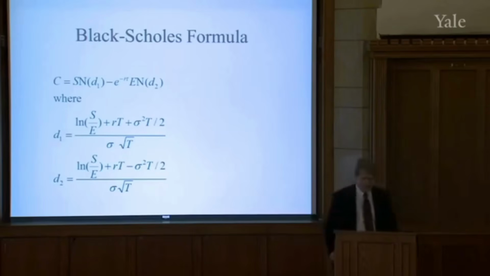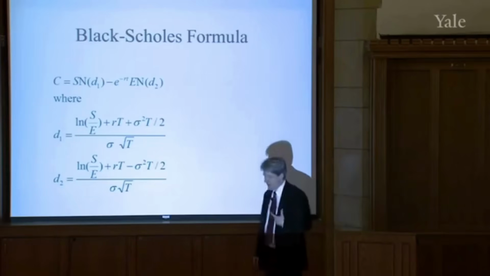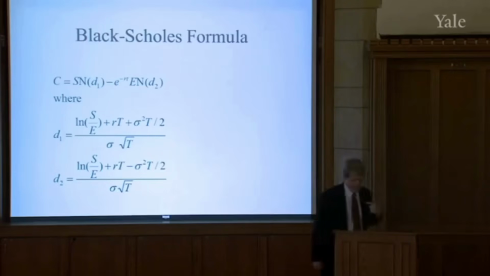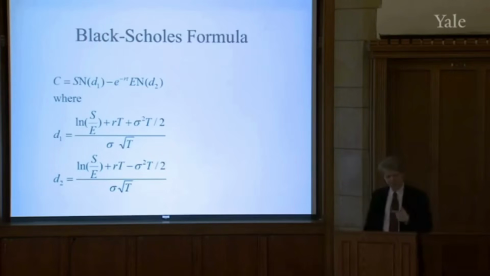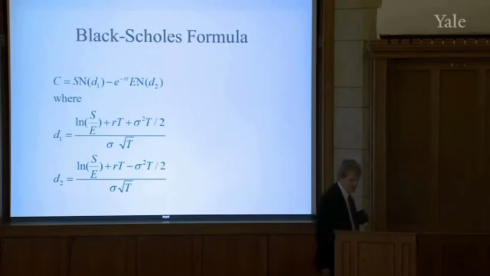And so what people often use the Black-Scholes formula for is to invert it and calculate the implied volatility of stock prices. So when call option prices are high, why is that? Why are they high relative to other times? Well, it must be that people think, I'm going back to the old interpretation, that the probability of exercise is high. Right? If an out-of-the-money call is valuable, it must be people think that sigma is high.